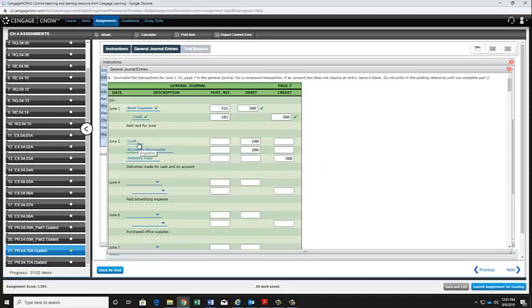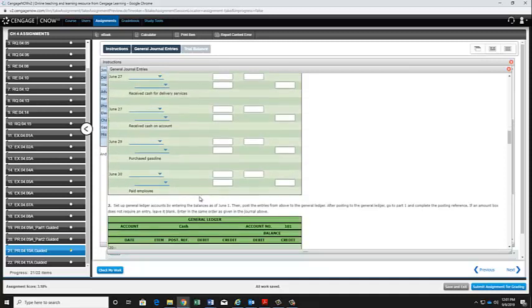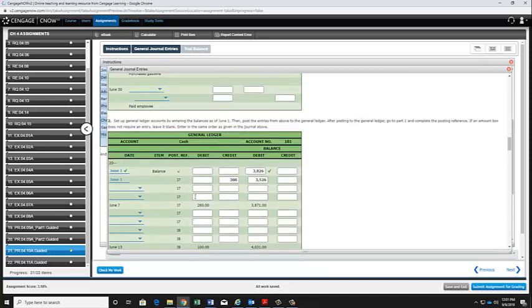So we gave cash a debit, so we're going to go over to the cash general ledger, and on June 2nd we gave cash a debit of 100. Okay, it already had a debit balance of $35.26.